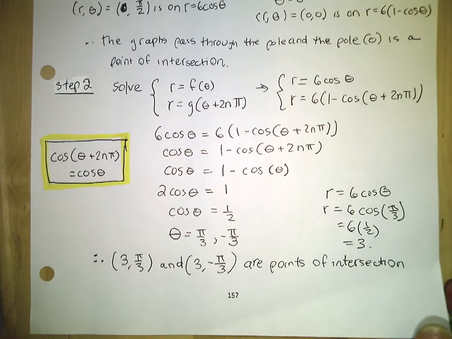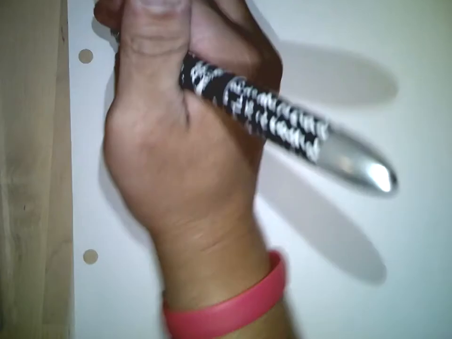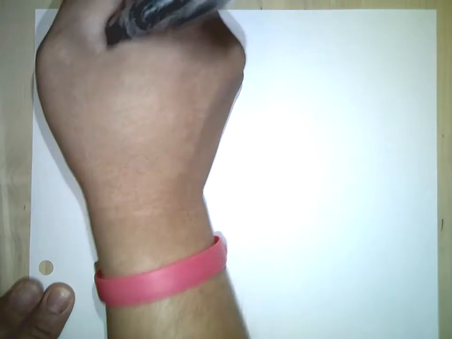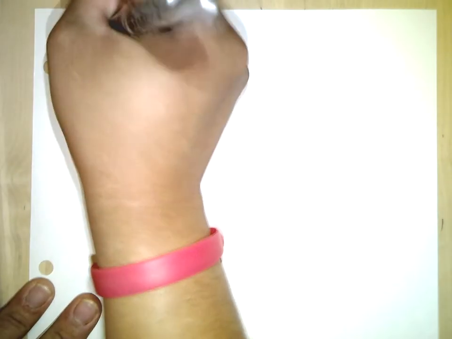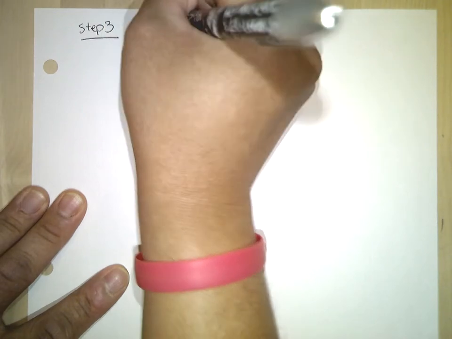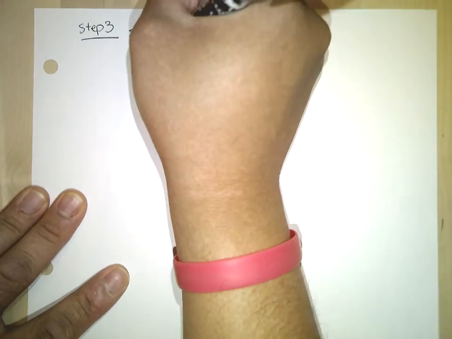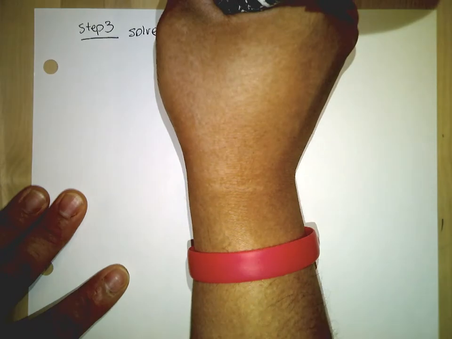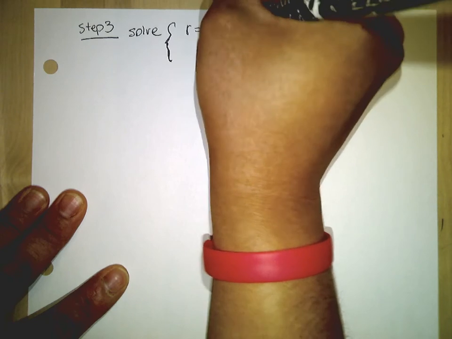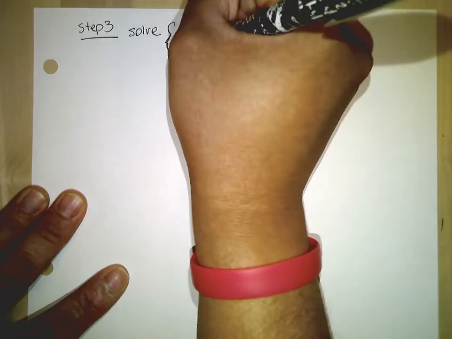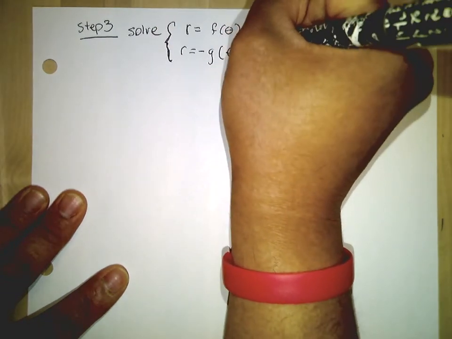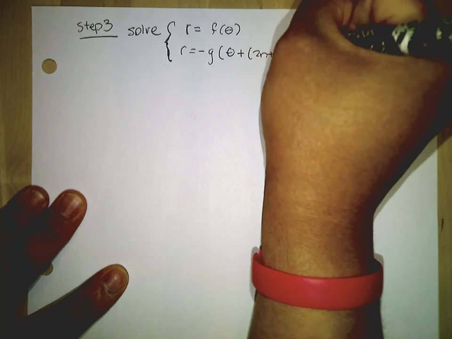Now, we've only done steps 1 and step 2, so let's move on to step 3 here. So step 3 is going to be, all right, hopefully you remember the steps by now, but it is to solve this set of equations here, and that will be r is f of theta, and r is the opposite of g of theta plus 2n plus 1 pi.